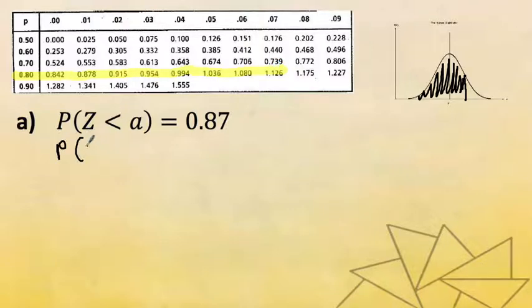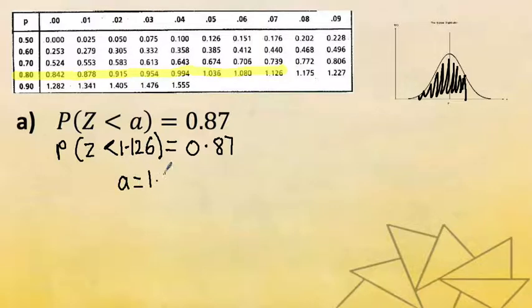So probability Z less than 1.126. And what these tables do is allow you to find specific percentages as opposed to specific Z values. And so a in this case is 1.126.